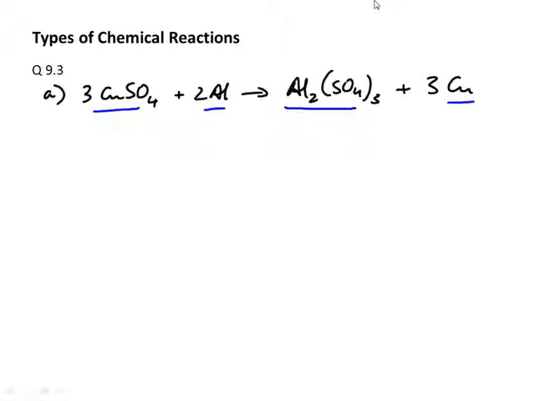So in this case, there has been a single exchange, a single displacement, where aluminum has displaced copper in the compound to make aluminum sulfate. So this reaction will be classified as a displacement reaction.